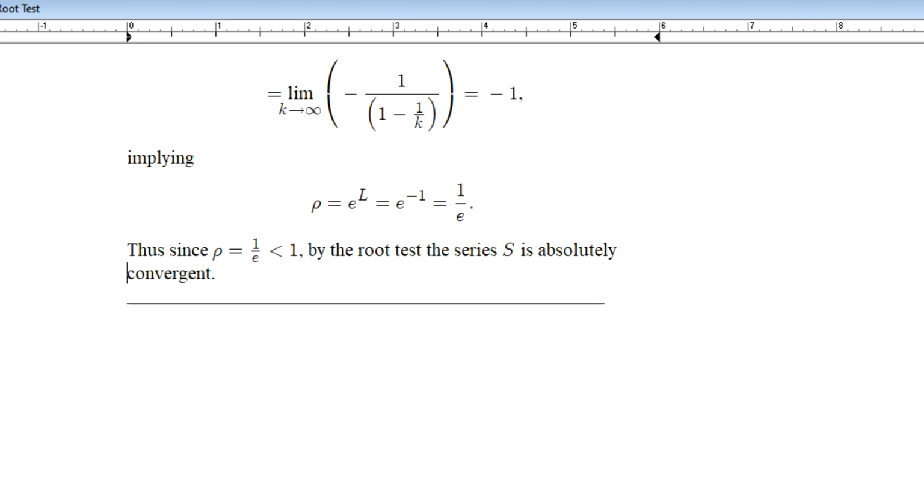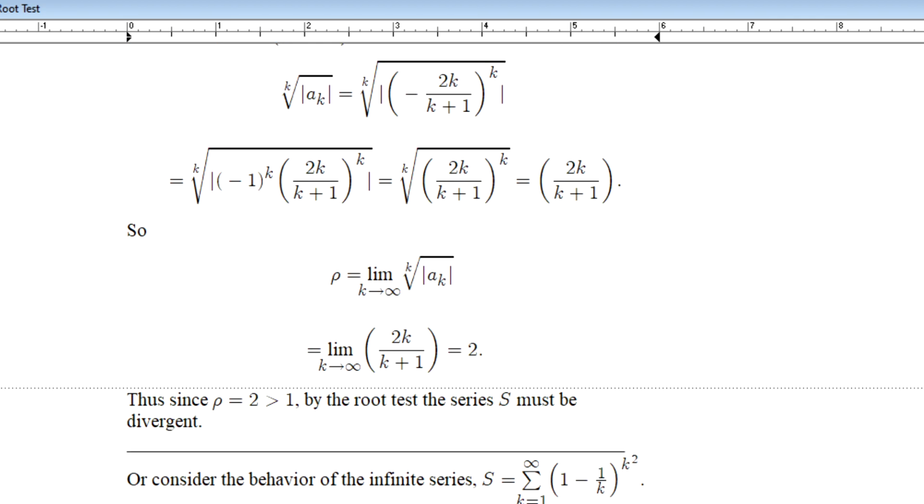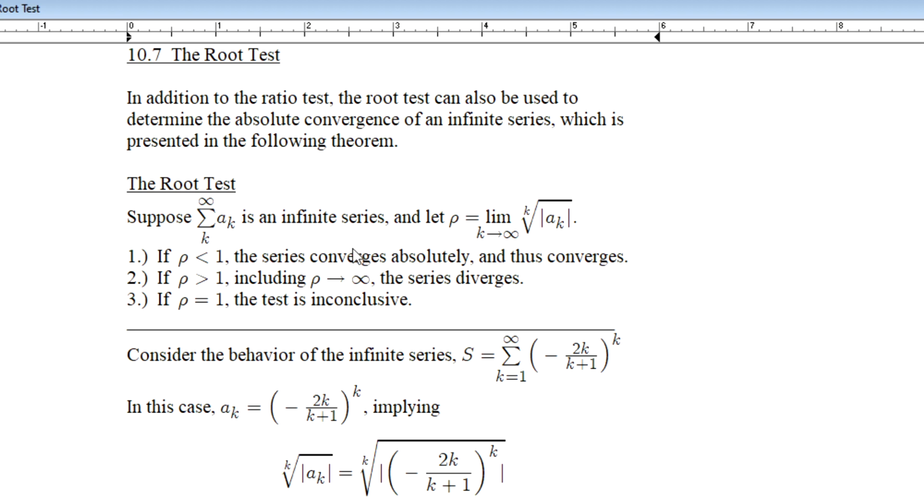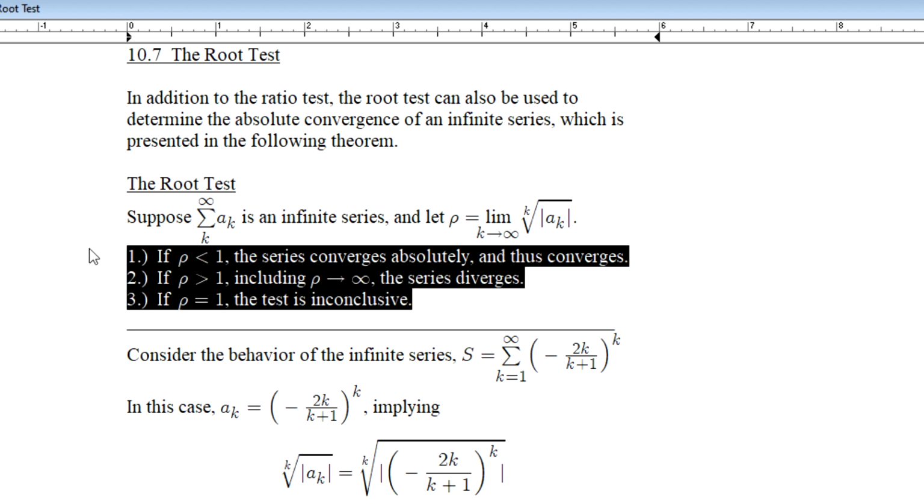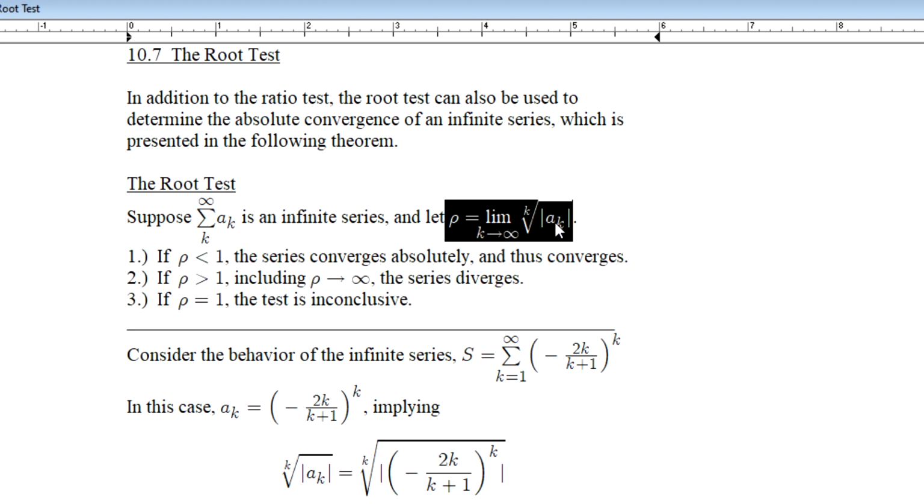So, folks, that is 2 quick examples of the root test. It does have results very similar to the ratio test, except the test number we're using involves a different argument in our limit. We've certainly seen here the cases where it seems applicable, right?